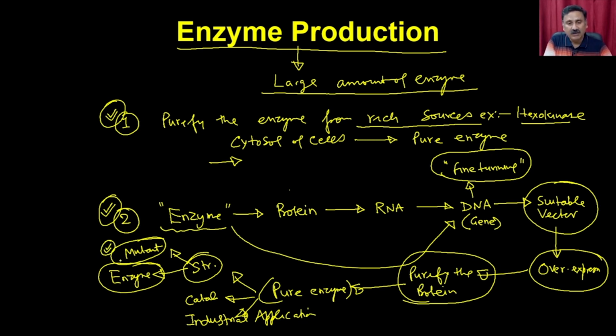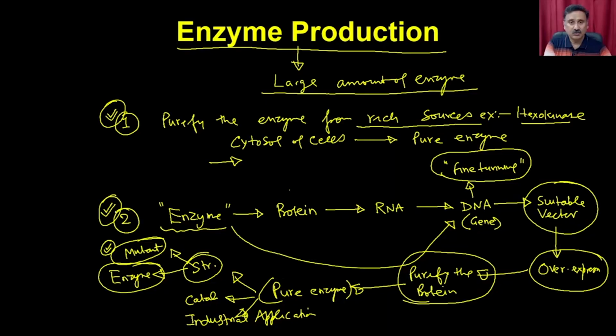The mutant approach is not going to work when you work with approach number 1, but the mutant approach will work in approach number 2, because you have the gene and you know at what point you are trying to make the mutations, and you can insert them into this particular gene, and that's how you can change the produced enzyme. So this is one of the major advantages of going with approach number 2.